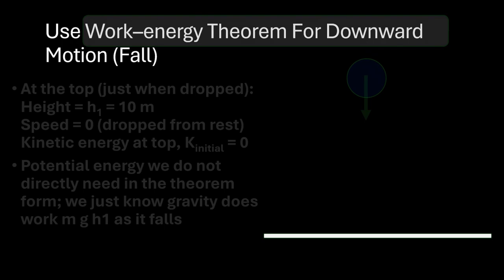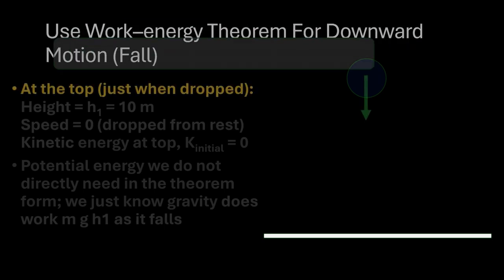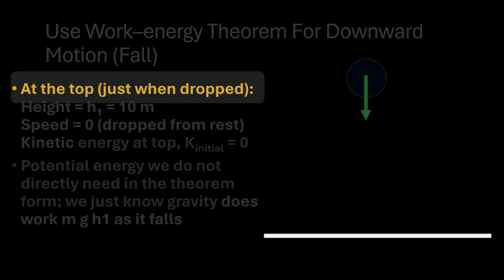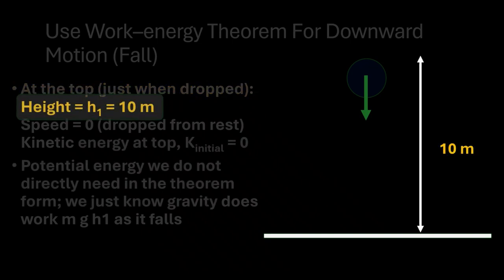So if we apply work energy theorem for the downward motion, how do we do this? We first find the kinetic energy at the top. At the top, when it is just dropped, the height is equal to 10 meters. And what is the speed here?